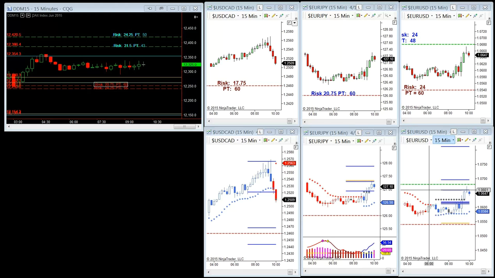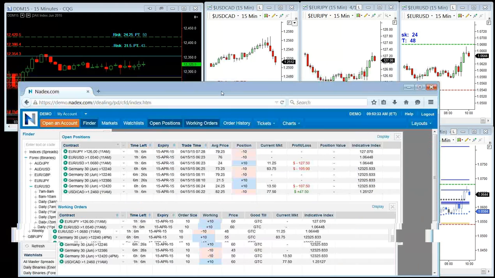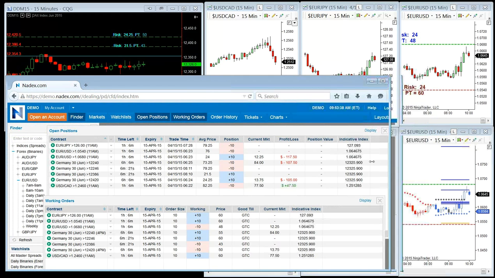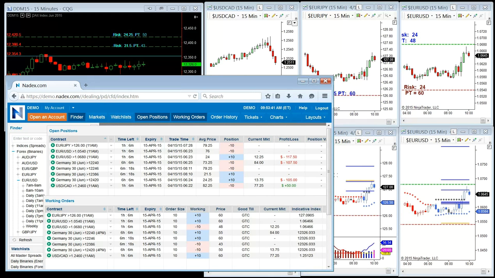These two do not expire until 11 o'clock, so we have another hour on those. Bring this one back over. Nadex Pro locks up every time I try to do it. I don't know why, it just does. Everything locks up.